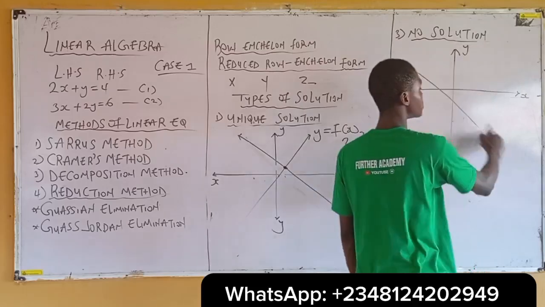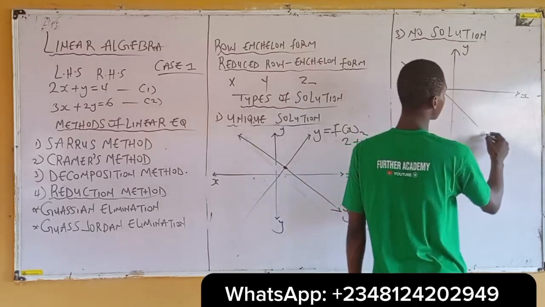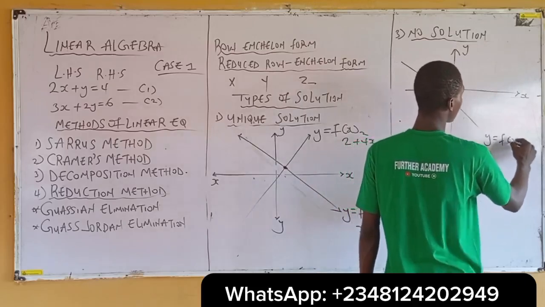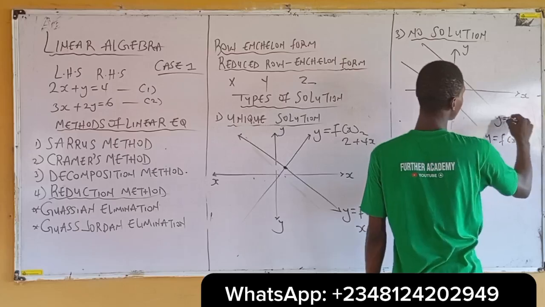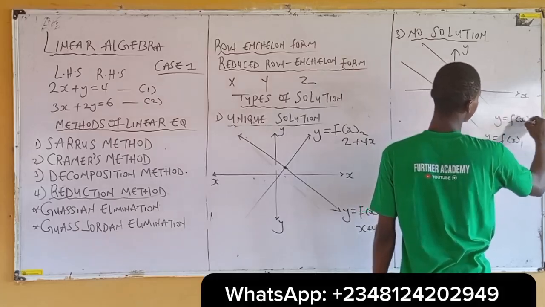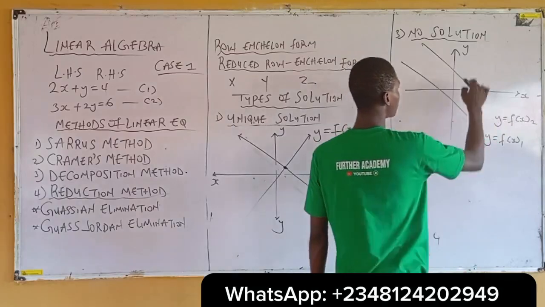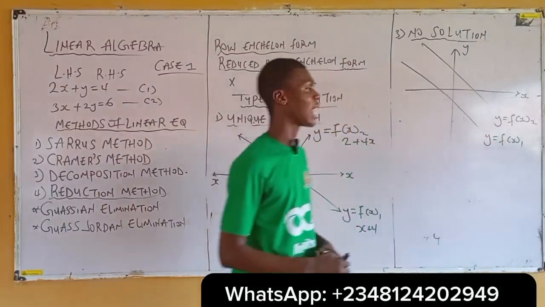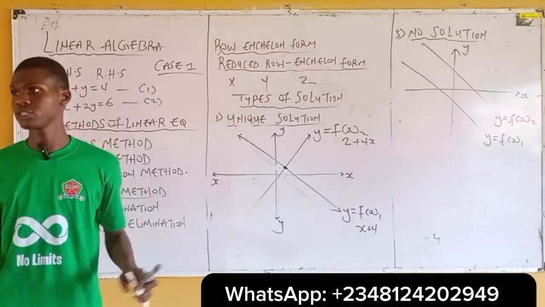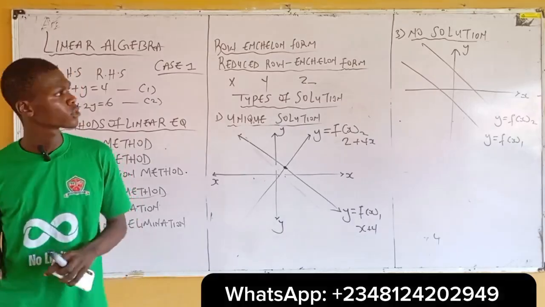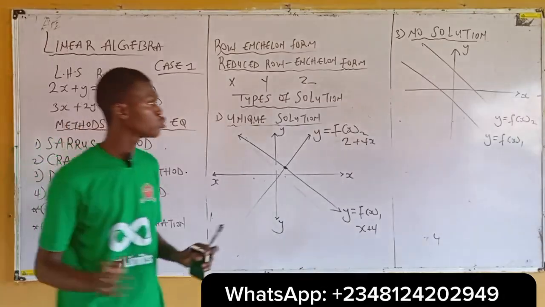This line is representing your first equation, when y equals f of x subscript 1. This other line is representing your second equation, when y equals f of x subscript 2. So these two equations are parallel to each other. They are not going to meet. They will never touch each other. That's for no solution.